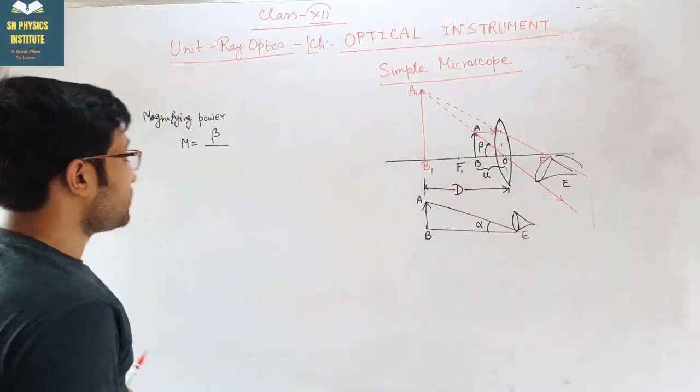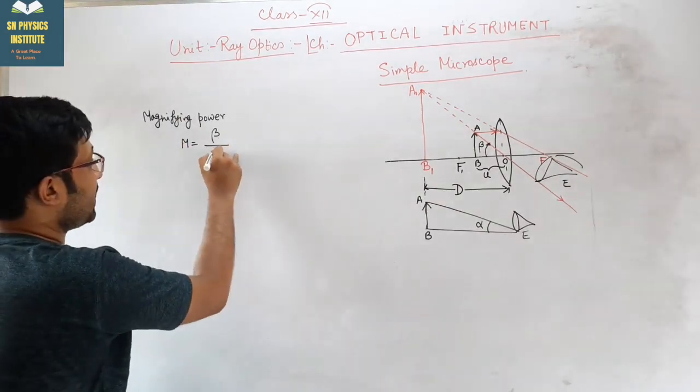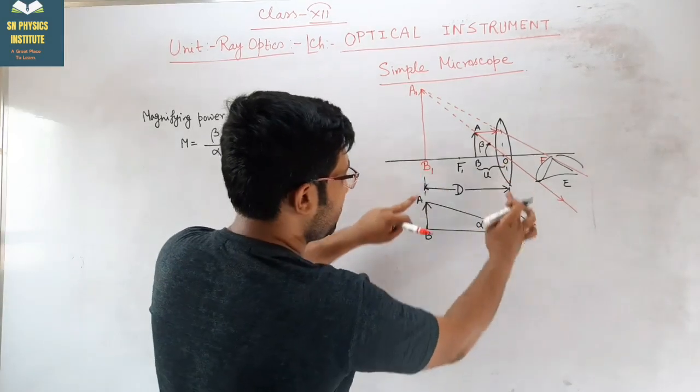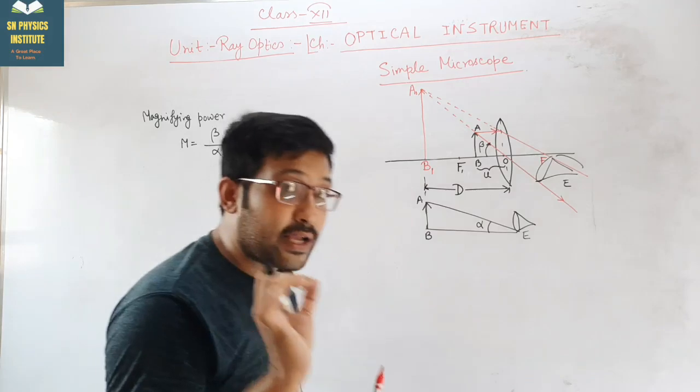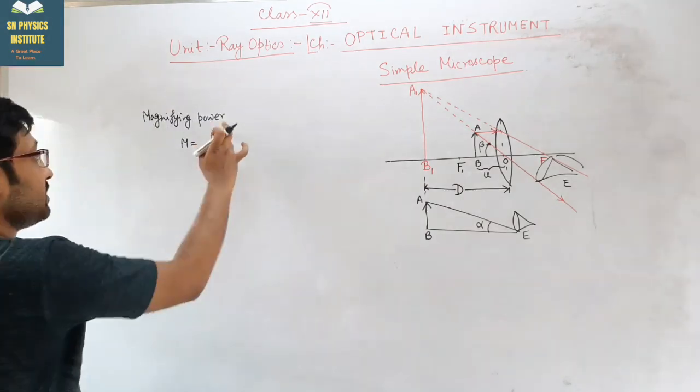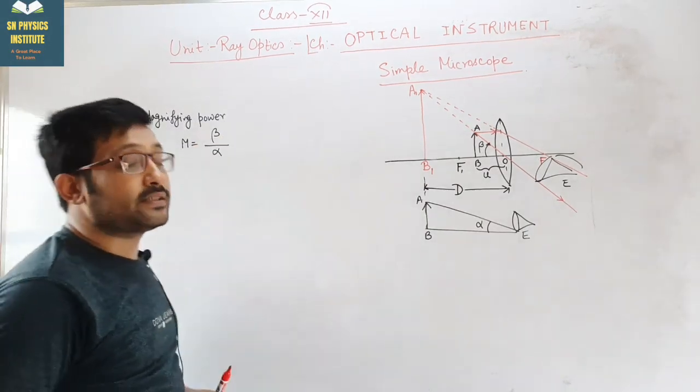Alpha angle, okay? So beta by alpha: at the same distance, if you keep the object, the object makes angle alpha with our eye. So we have to find out beta as well as alpha.